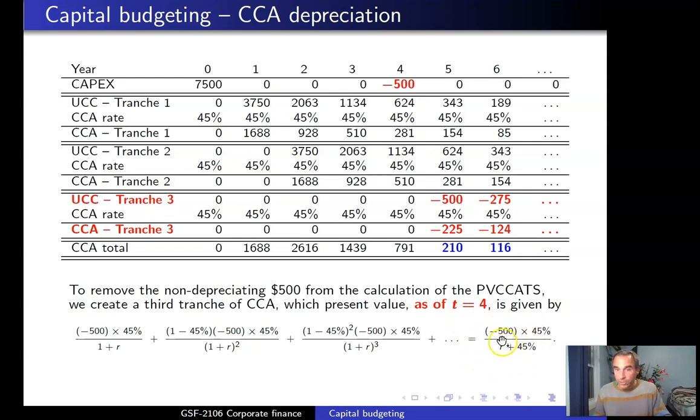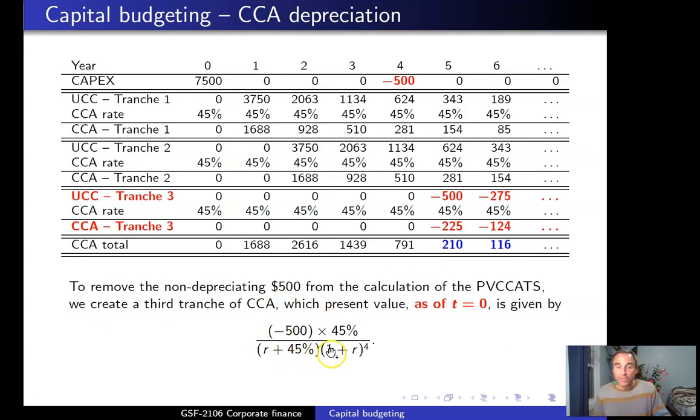Okay, so look at this equation here. So minus 500 times 45% over R plus 45%. So this is the present value as of time 4 because the first payment of the third tranche of CCA depreciation takes place at time 5. If we want to compute the present value of the third tranche of depreciation as of time 0, we need to discount the present value of this perpetuity over 4 years.